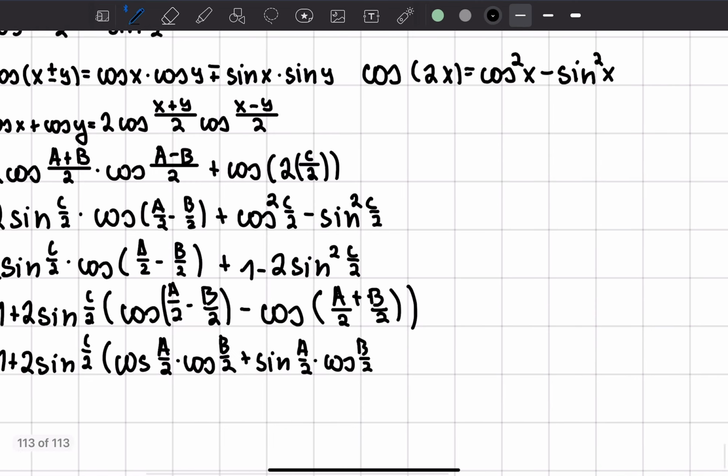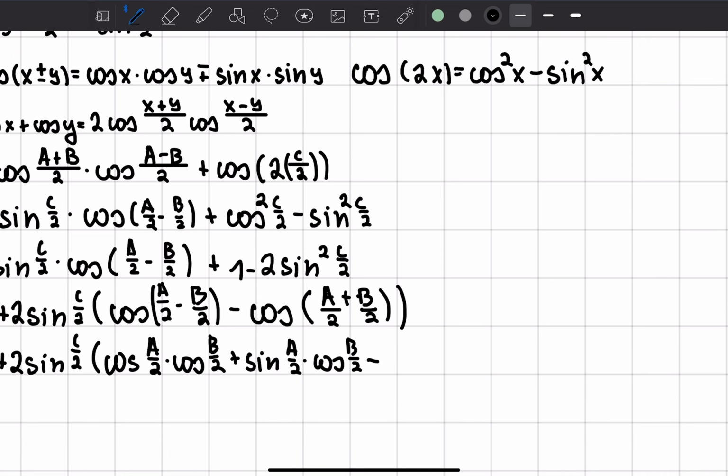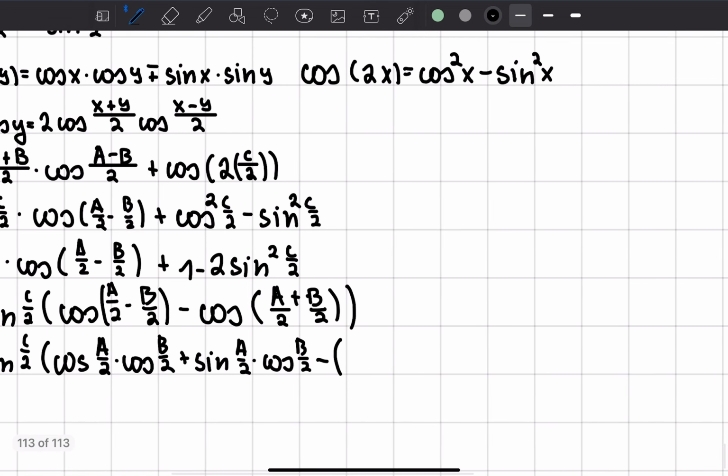And now I'll write a minus and I'll put brackets here just so that I don't forget to use the minus afterwards and change the signs inside of the bracket. And continue the same thing again.